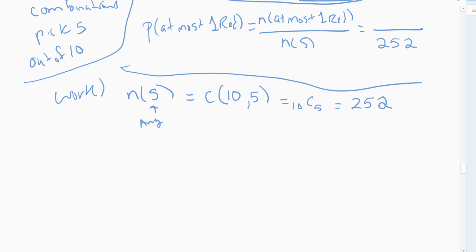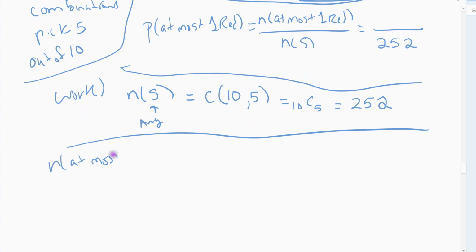Now the subset. Number of ways to get at most 1 red. So remember what at most means. That's my maximum: 1 red or fewer reds. And so I want 1 red. Leave a blank spot because I still have to pick 5.